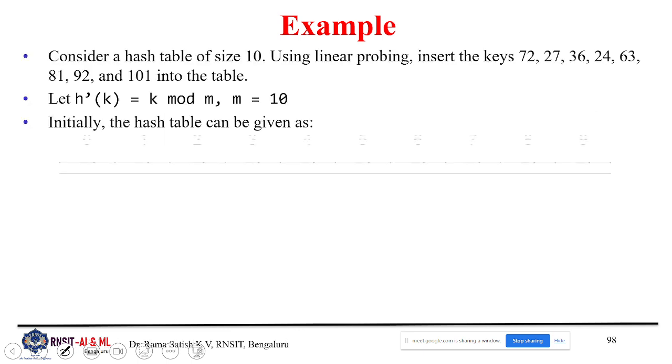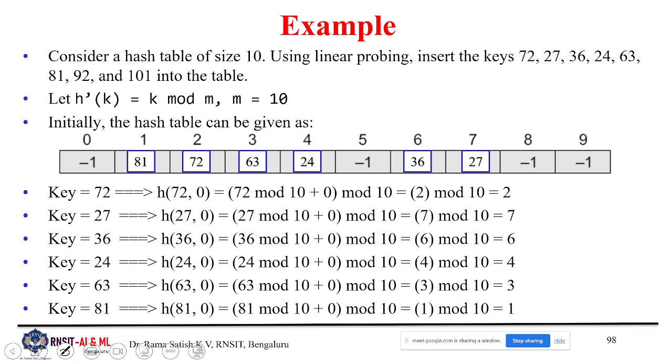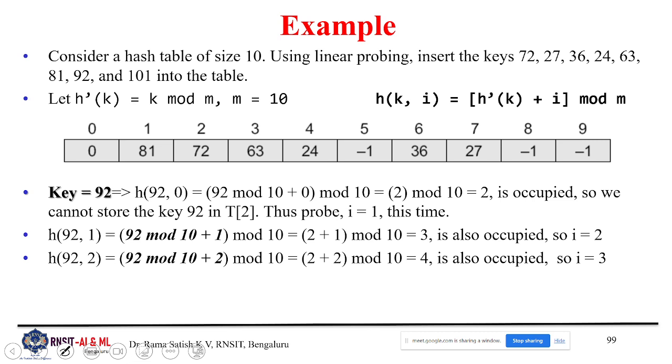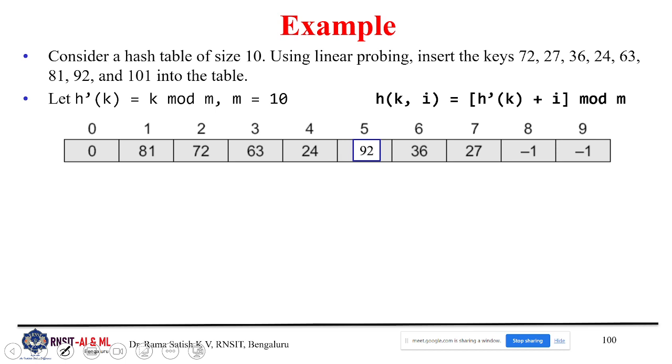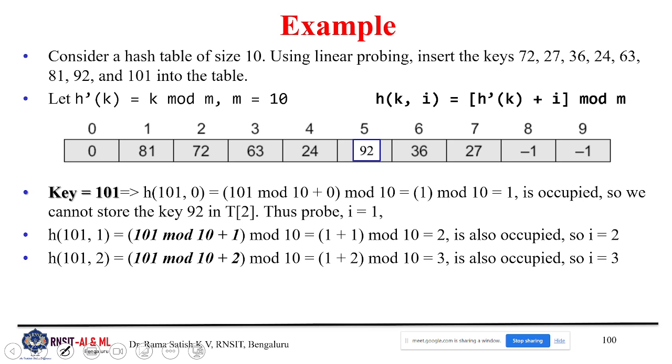Yesterday we took this example. If there is a collision, it goes to the next element, and you can see how the technique is followed. We discussed the same concept yesterday: 92, 101, 101. The initial position is 1, that is table of 2, which is not available.